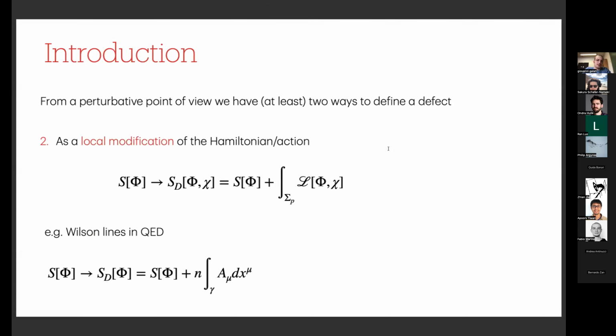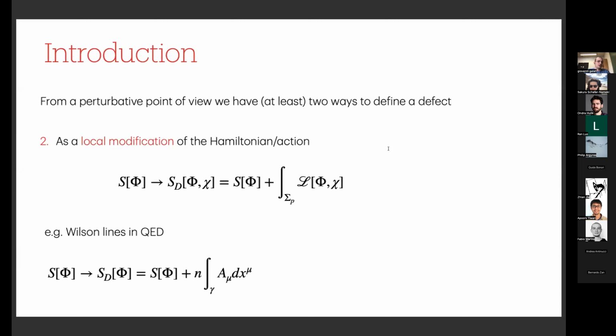And this Lagrangian can depend, of course, on the bulk fields, but also on some edge modes, which only live on the worldvolume of the defect, and are somewhat related to the degrees of freedom living on this defect. So in analogy with the example of the 't Hooft line I was giving before, a very prototypical example of this kind of definition are Wilson lines, for example, in quantum electrodynamics, which have a definition in terms of an action.